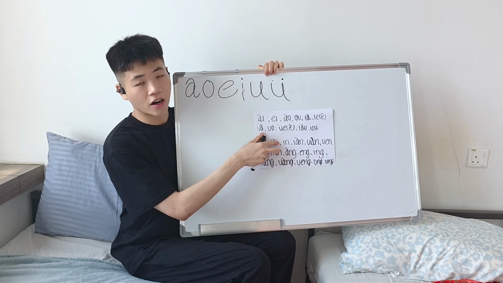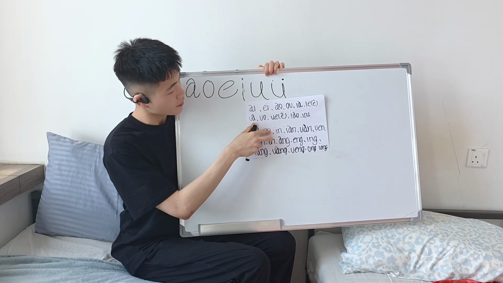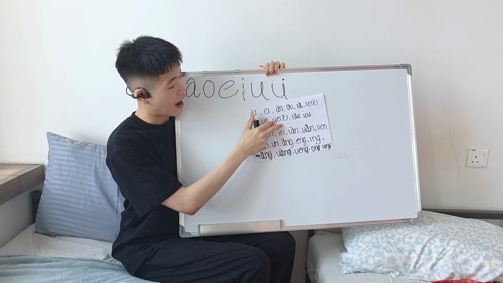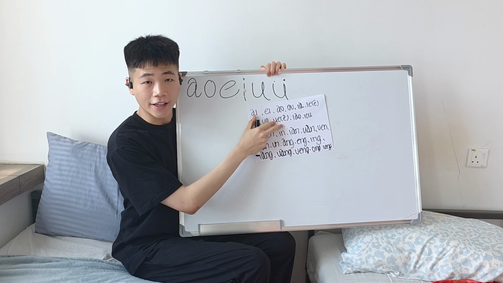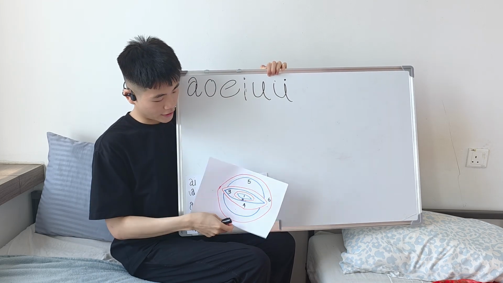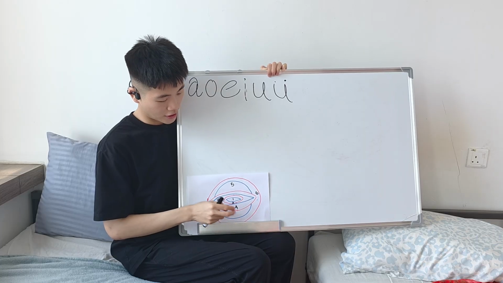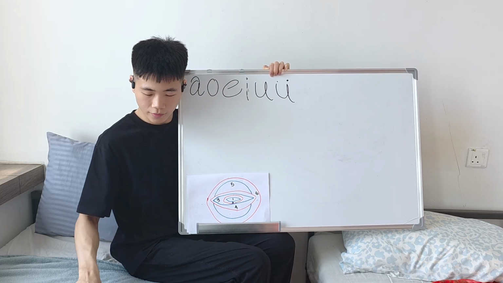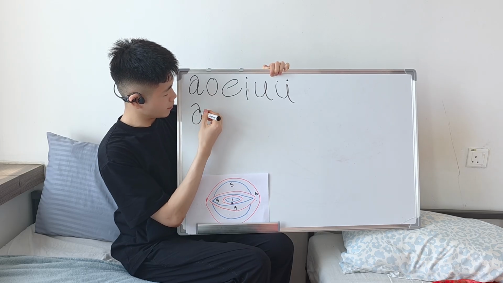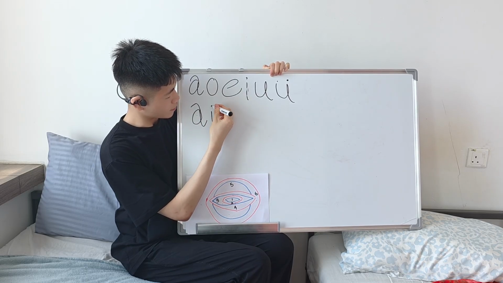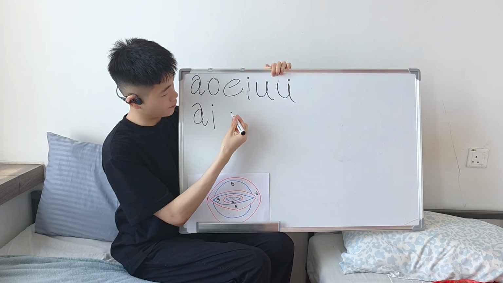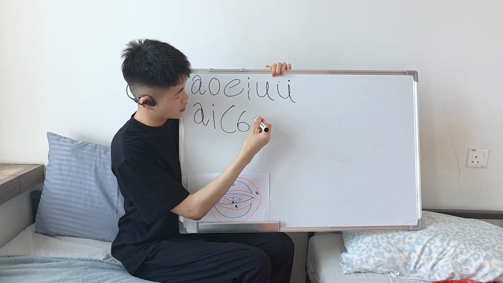So here we got the compound finals, right? For example, let's look at Ai. Again, I want you to look at the structure here. It's really important. We have 6, 3.